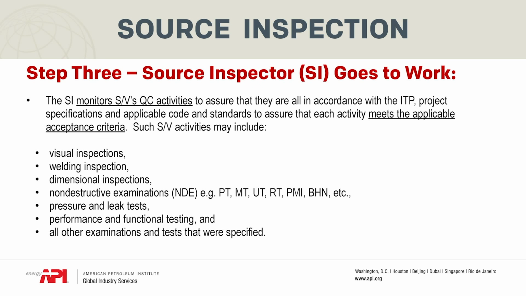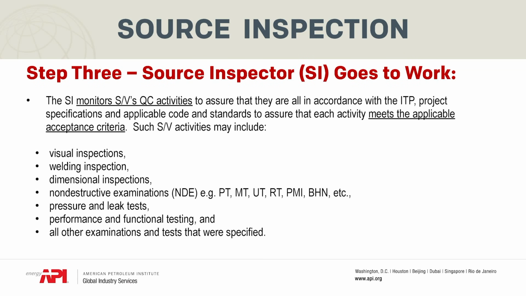Additionally, in step 3, the source inspector monitors all of the supplier vendors' quality control activities to assure that they are in accordance with that ITP that we just spoke about and all the other documents that we just spoke about. Those activities typically include things like visual inspection, welding inspection, dimensional inspections, non-destructive examinations.